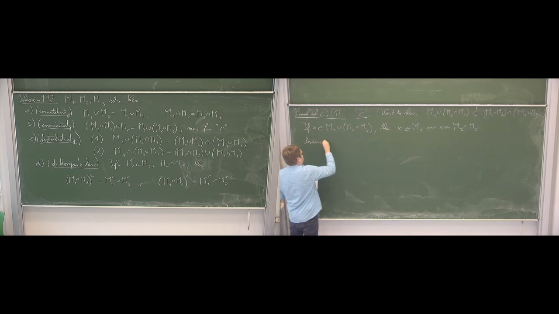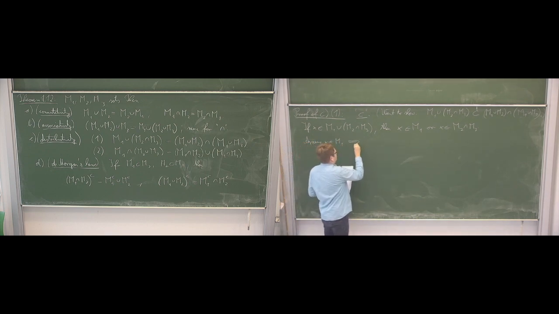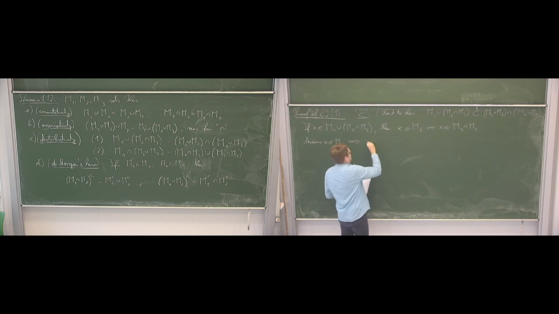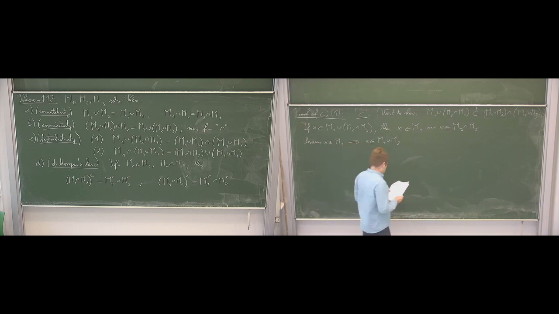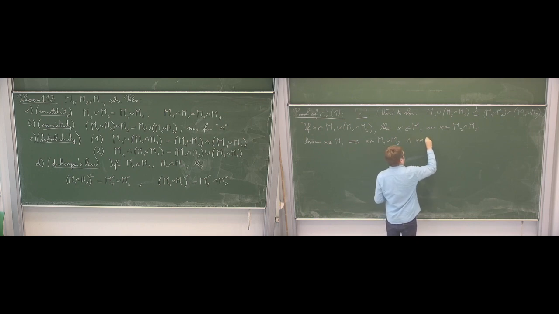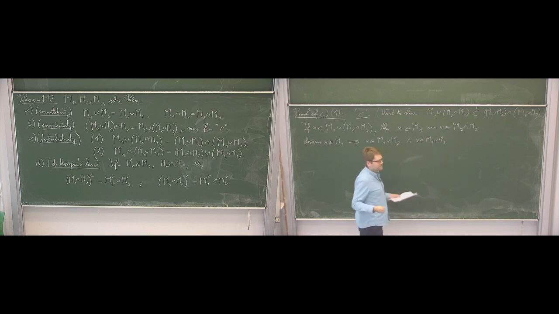First we assume that x is in M1. Then this implies that x is in the union of M1 and M2, which is trivial because we just increased the set here. And it also is true that x is in the union of M1 and M3. We just increase the set again in a different way.